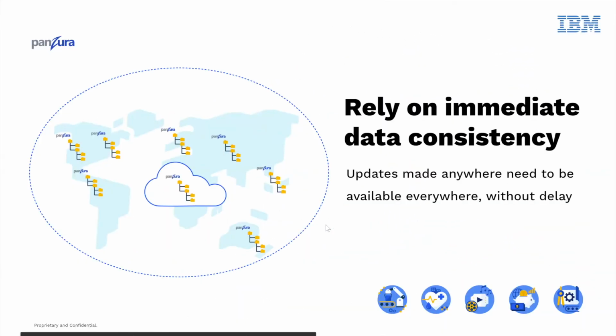The immediate consistency is the kind of mesh network that I was talking about between all the Panzura filers. So in this example, if somebody here on the West Coast of the US dropped a file into a Panzura filer, the metadata of that file being created will be spread immediately to all the Panzura filers across the US and across the globe.